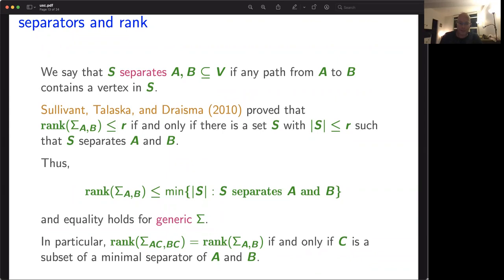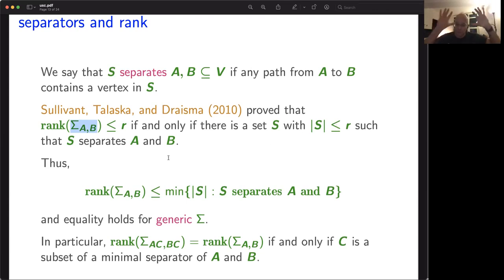It says that if we have two subsets of vertices, A and B, and we look at the submatrix of the covariance matrix where the rows are indexed by vertices of A and the columns are indexed by the vertices of B, then the rank of this matrix is small if and only if there's a small set that separates these two sets.